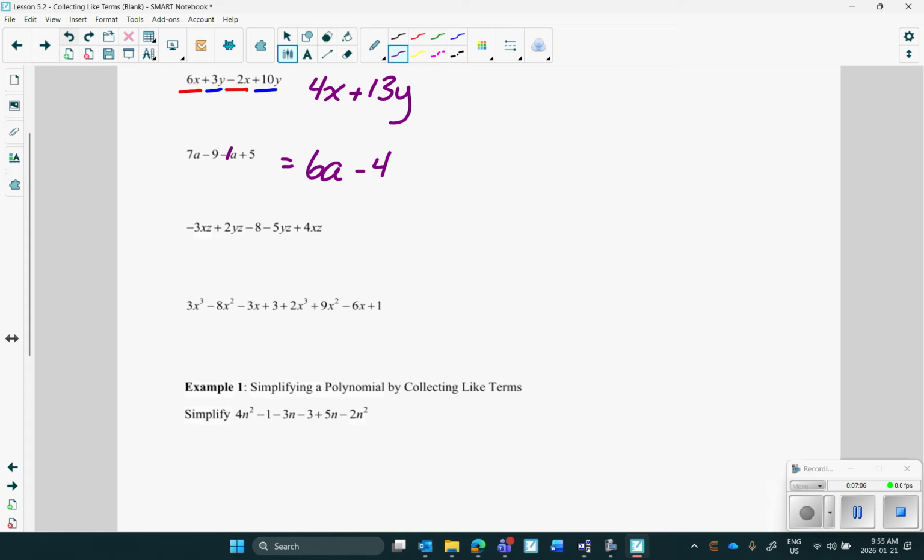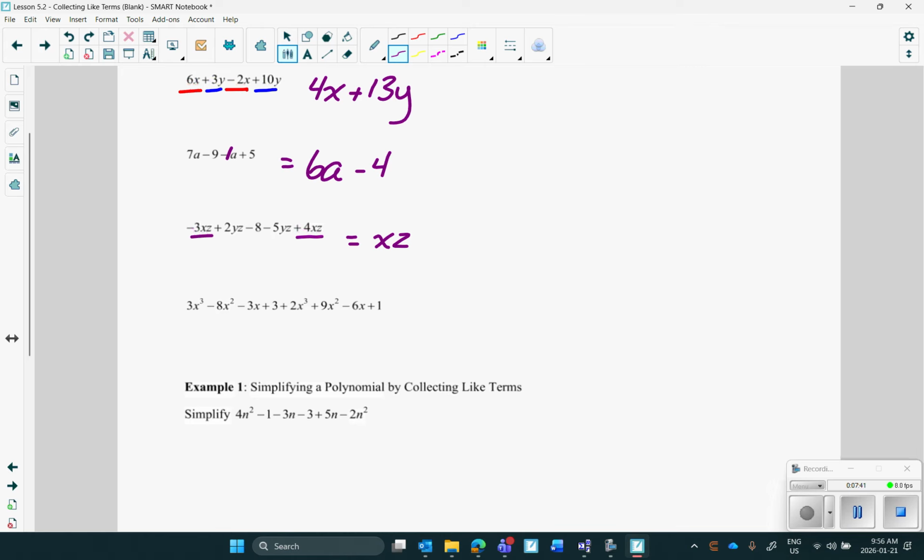There's a longer one. I recognize the like terms. So I see an xz in another, or sorry, not like. Yeah, when I combine those, I get 1xz or just xz. Okay? If you write the 1, that's fine.